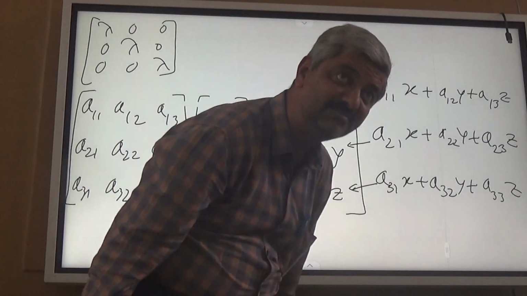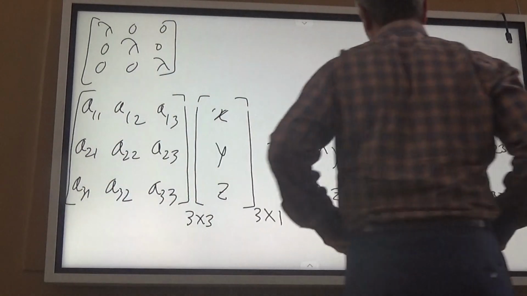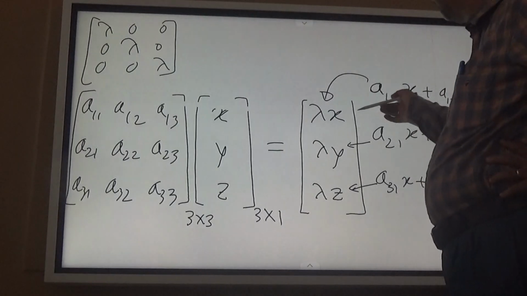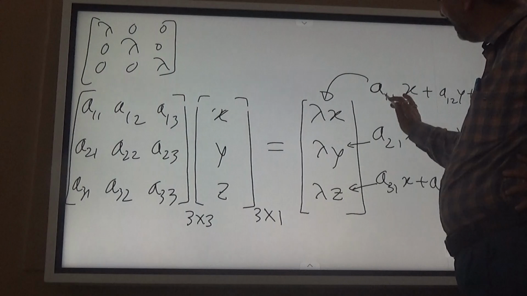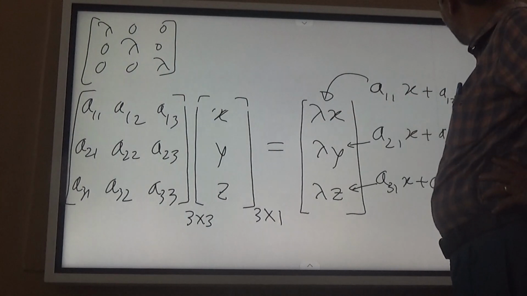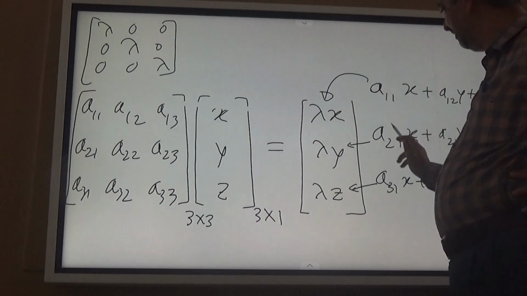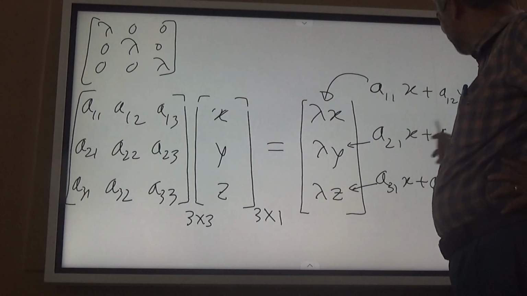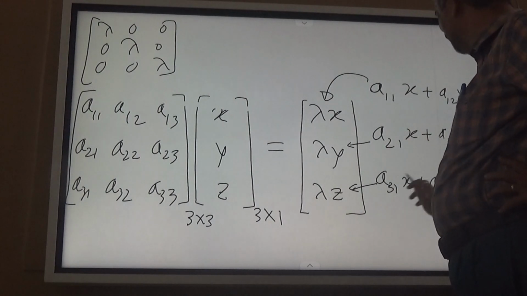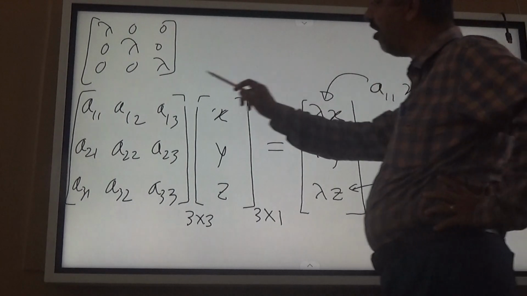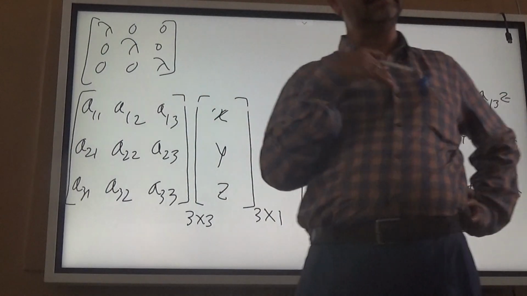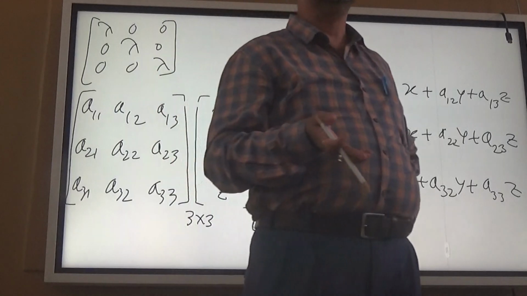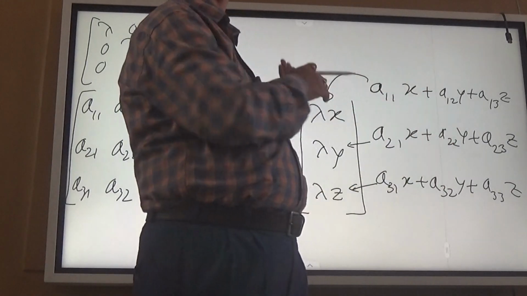Then this is possible provided a11 equals lambda, a12 and a13 are 0, a22 equals lambda, these are 0, a33 equals lambda, these are 0. So if all non-diagonal elements are 0 and diagonal elements are lambda, then it is quite obvious.